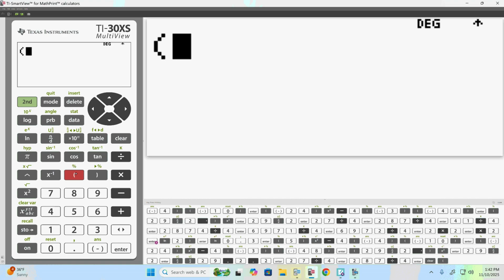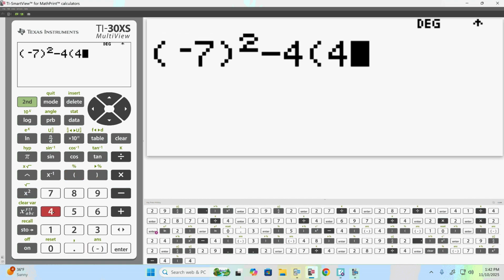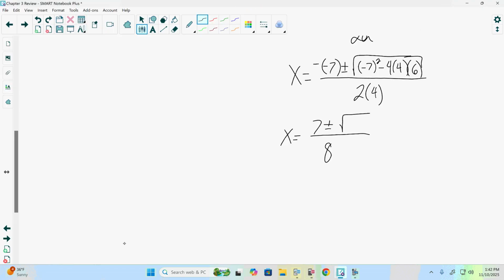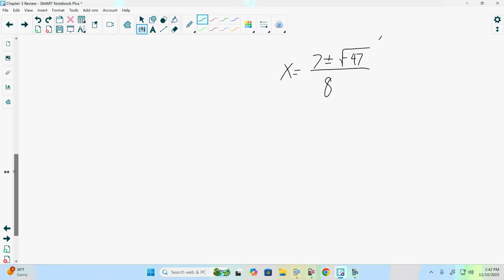So we have negative 7, in parentheses, squared, minus 4 times 6, which tells us it's negative 47. So we have negative 47 inside the radical. So we have x is equal to 7 plus or minus the square root of negative 47 all over 8.